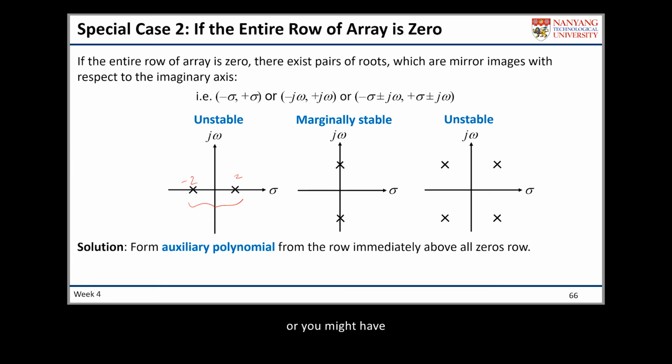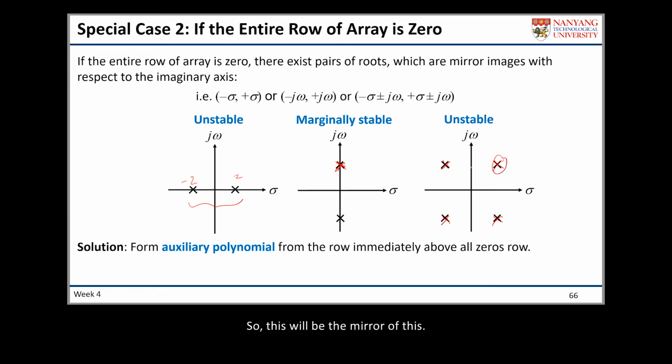Or you might have a pole that is on the imaginary axis like this, but there will also be the mirror of it. If you mirror this point to the imaginary axis, of course you will have the mirror at the same location again. You might also have a case where you have a complex pole here, for instance, but of course, complex poles always appear in a pair with their conjugate. For these poles, you will have another pair of poles for this special case, which is mirrored by the imaginary axis.